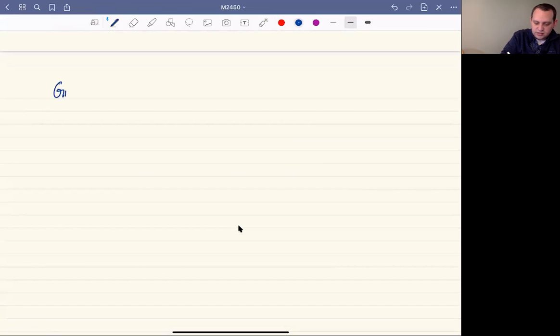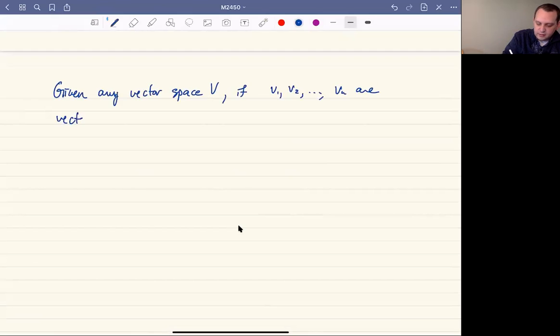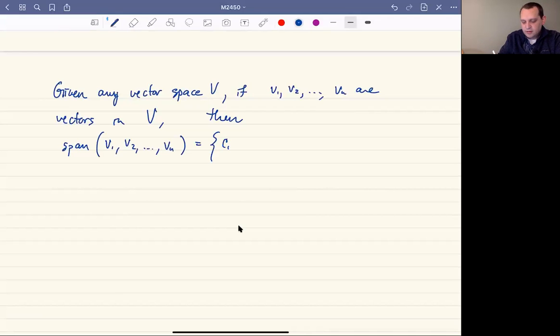This is actually a more general concept than just vectors in R2. Given any vector space V, if v1, v2, all the way up to vn are vectors in V, then the span of the set {v1, v2, ..., vn} is exactly the set of linear combinations of these vectors.